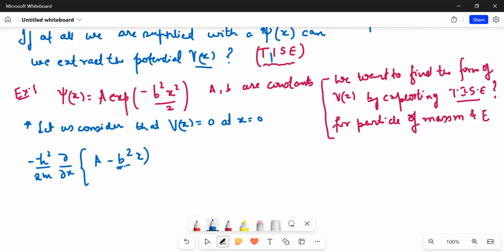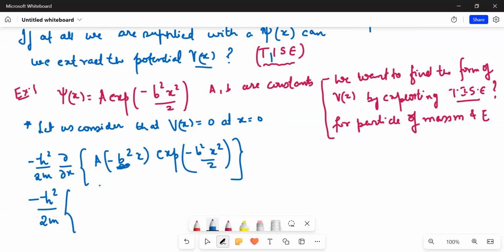So this is minus b square x, and then you have this exponential of minus b square x square upon 2. Again, the derivative of the same: minus h bar square upon twice m, the derivative would be minus a b square exponential of minus b square x square upon 2.